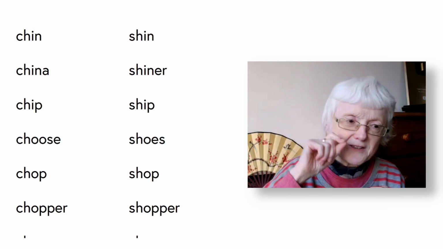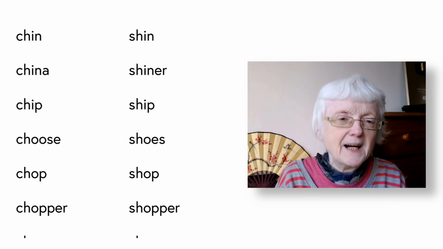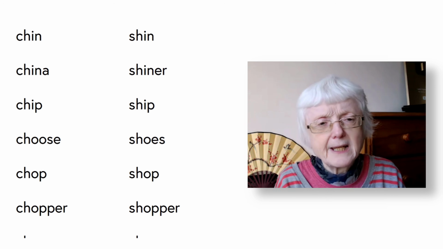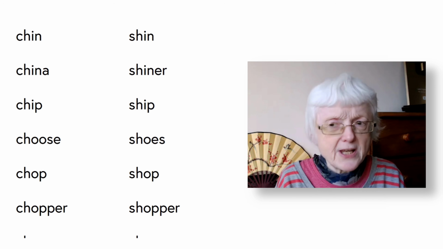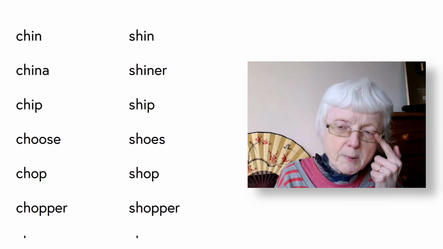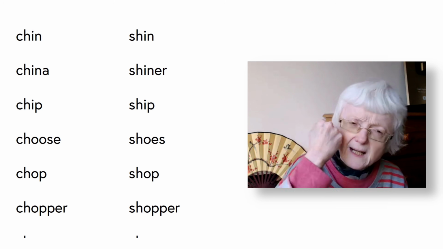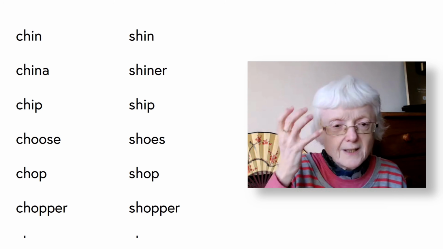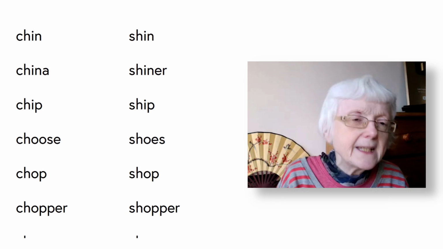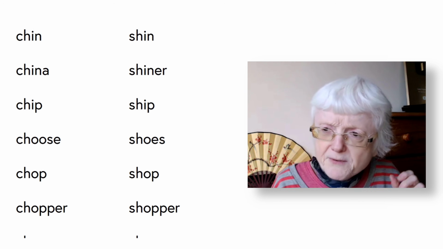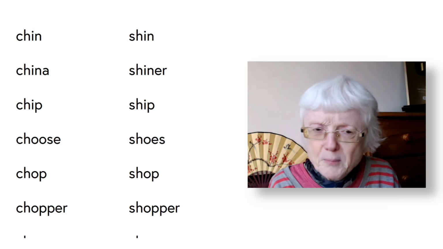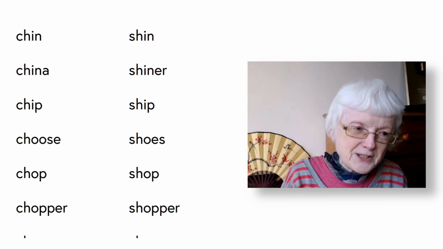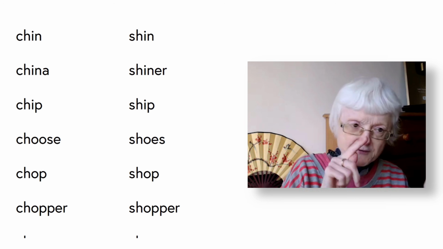And shiner is a slightly colloquial, slang word. If someone gets a black eye, if someone's punched them in the eye and it goes black from being bruised, it's called a shiner. Someone might say, oh, you've got a bit of a shiner there. How did that happen? And again, you can see the spelling is slightly different between the two.